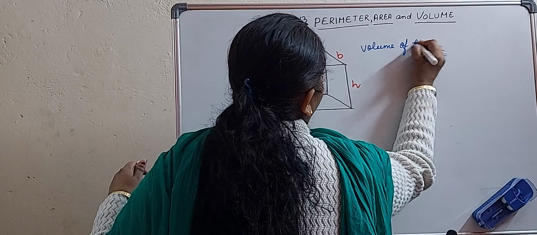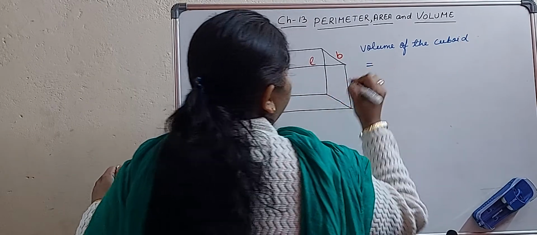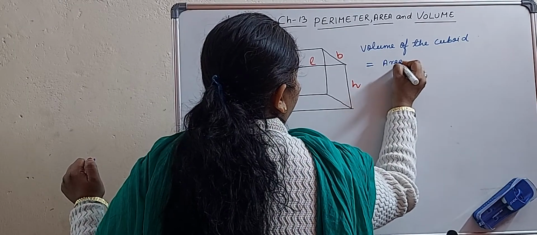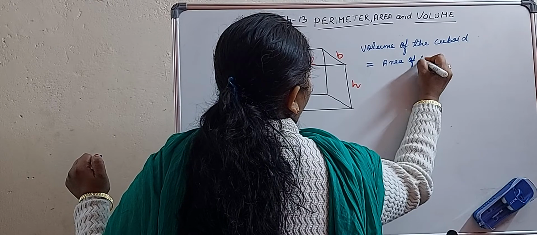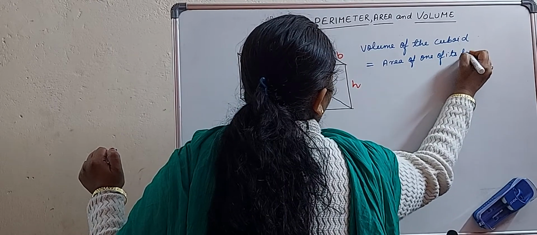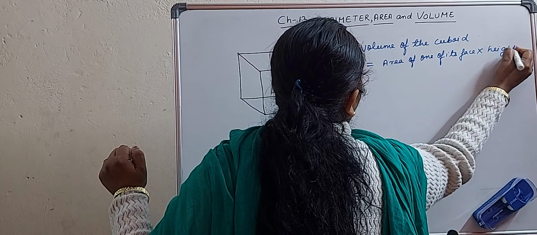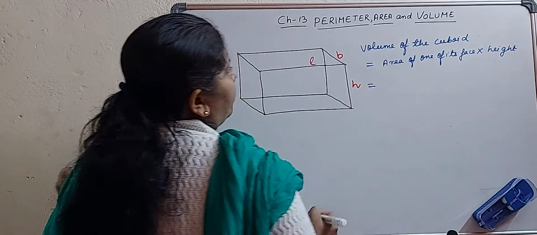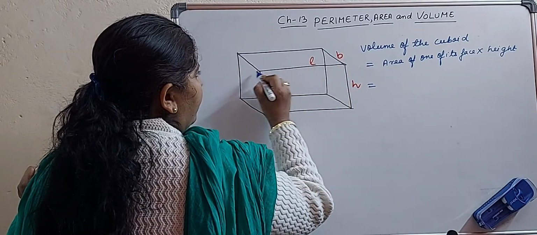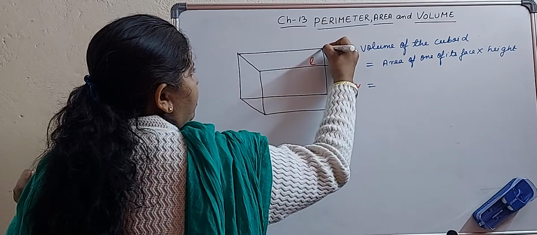Volume of the cuboid, again the same thing: area of one of its faces into height. Suppose I consider this particular face, I am putting dots also.